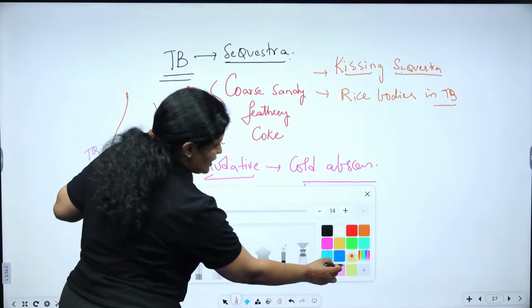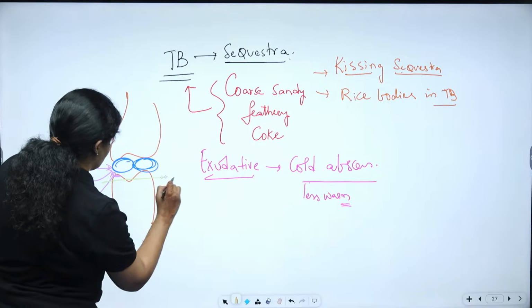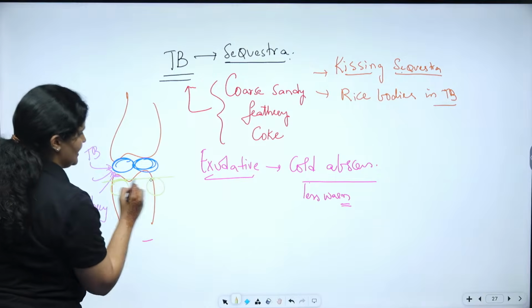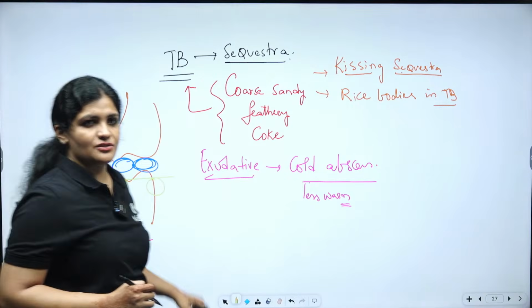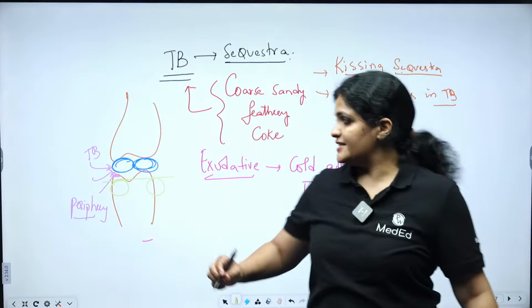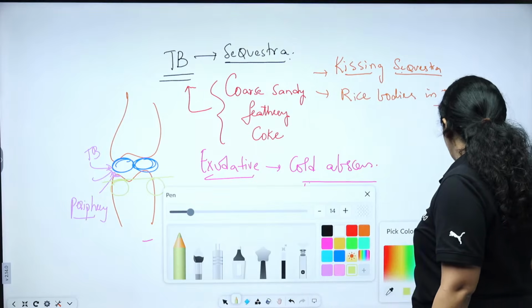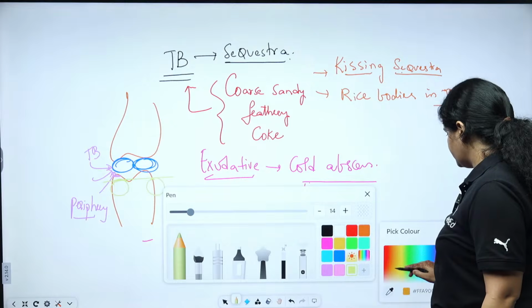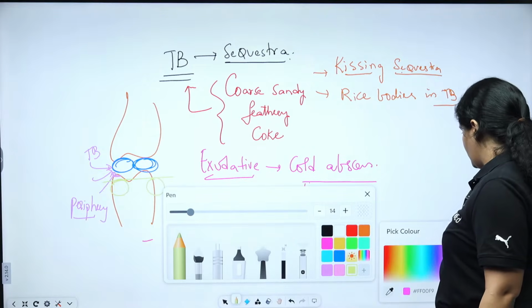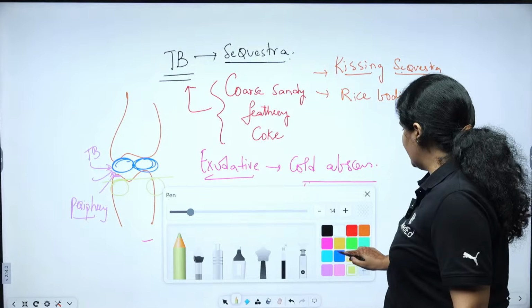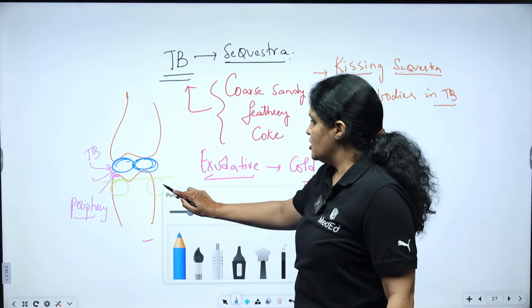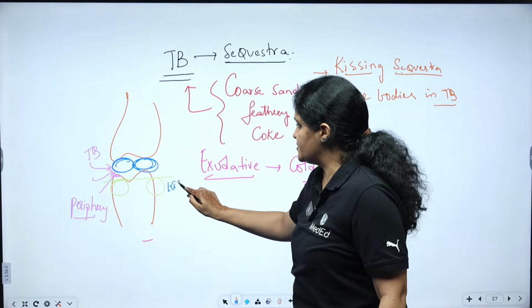Because it is on either side of the joint line, here it is there, here it is there, hence this is called kissing sequestra. So kissing sequestra is present on either side of your joint line.